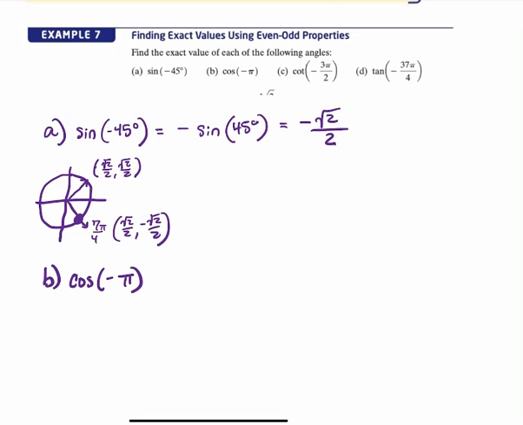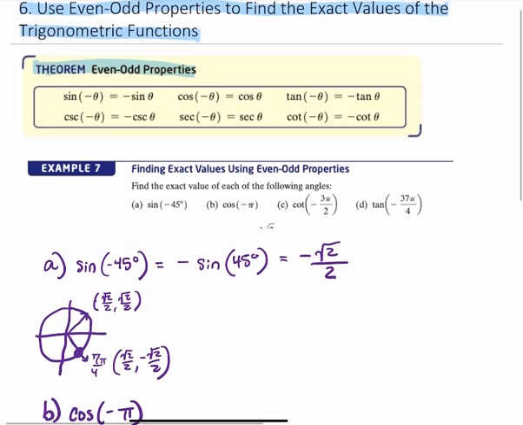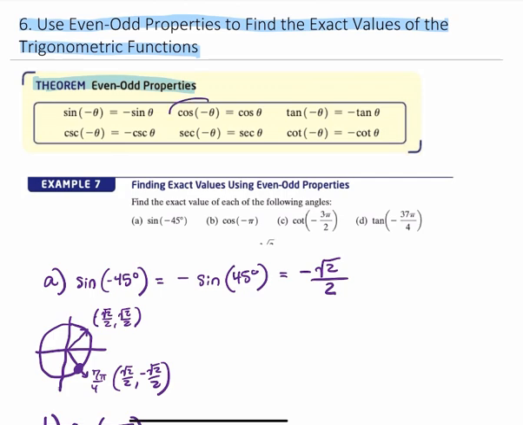Well, I still have this diagram up here. So when we had positive pi over 4 or negative pi over 4, we said the cosine values were the same because they lie on the same vertical line. They'll have the same x value. So that's what they mean here by the cosine of a negative angle is just equal to the cosine of that same angle. There's that kind of symmetry. That's the property of an even function, to use that term.